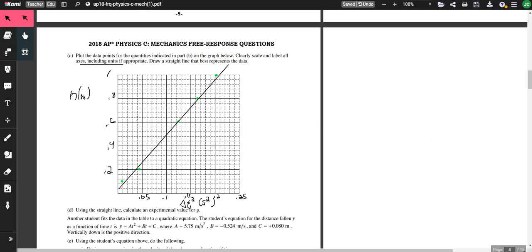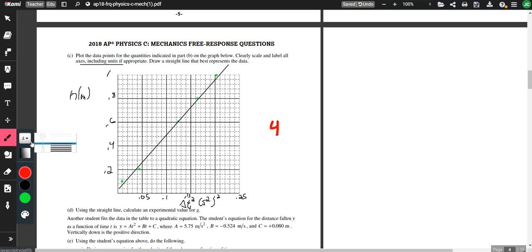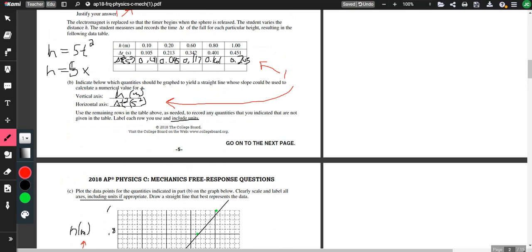And let's see. Scale, label axes, draw a line of best fit. Okay, so this entire thing was worth 4 points. 1 point for basically getting the scale down so that you have more than half of the grid filled up. 1 point for the labels and making sure that they're consistent with what you wrote up here.